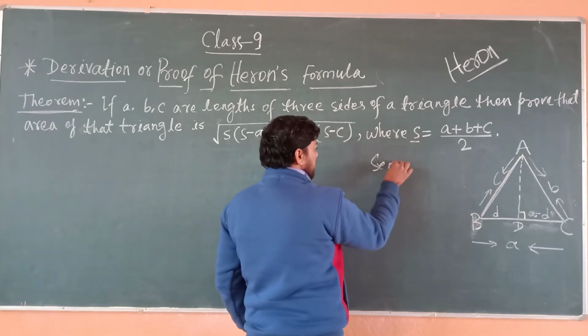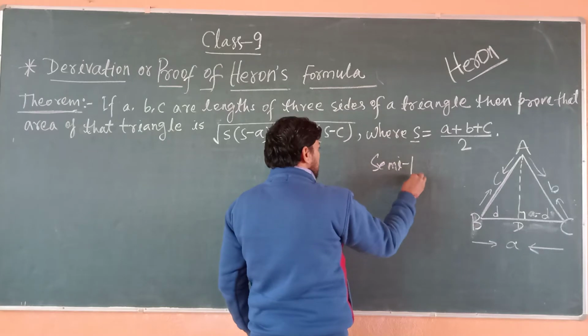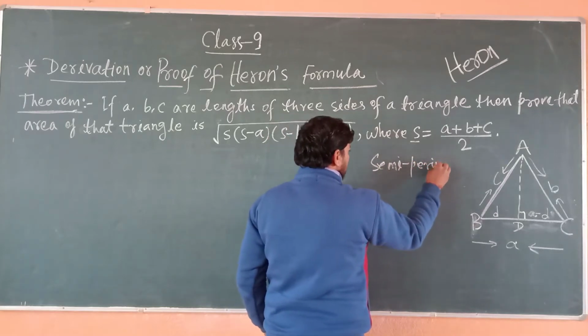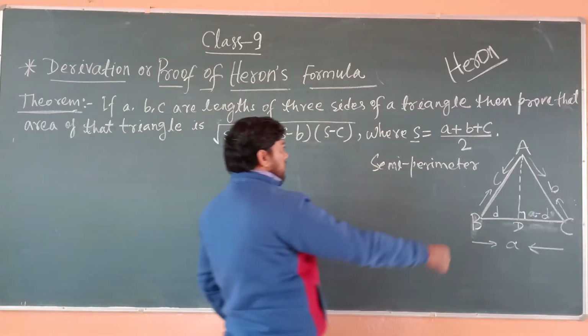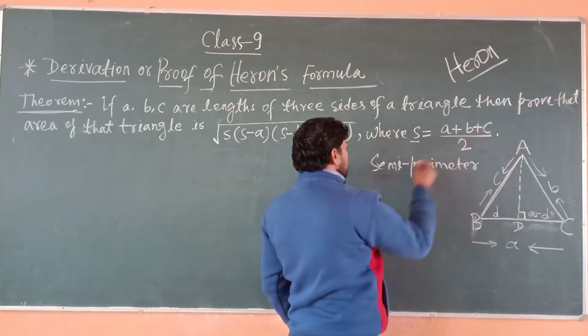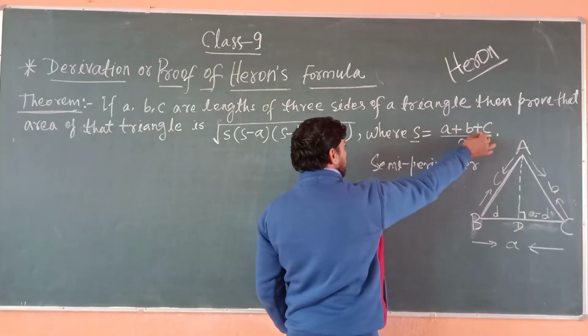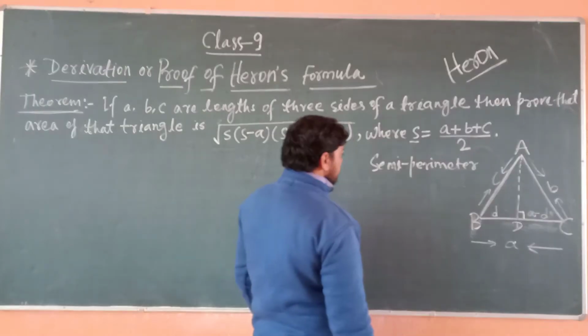Semi-perimeter means half of perimeter. So perimeter will be a plus b plus c, and half of perimeter is (a plus b plus c) upon 2.